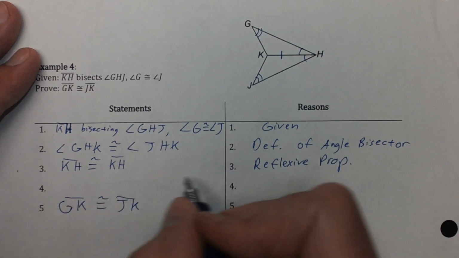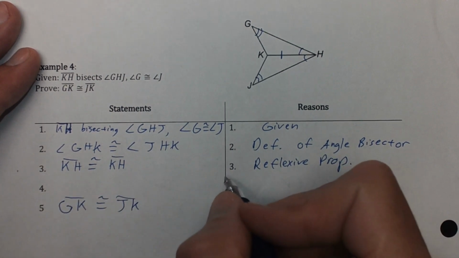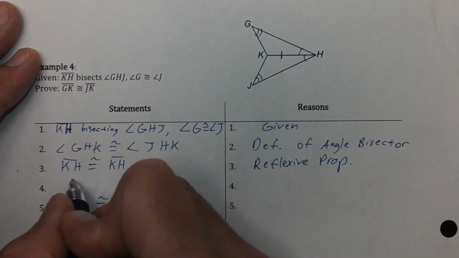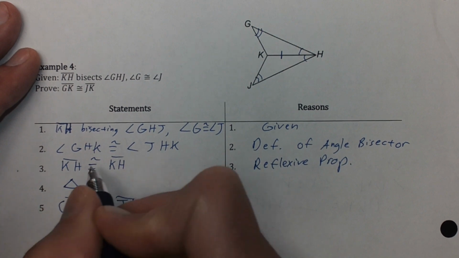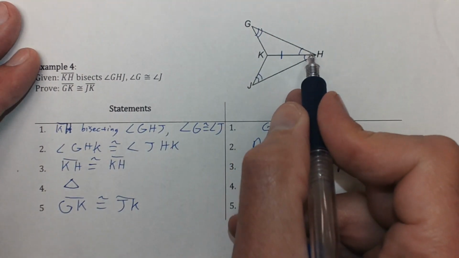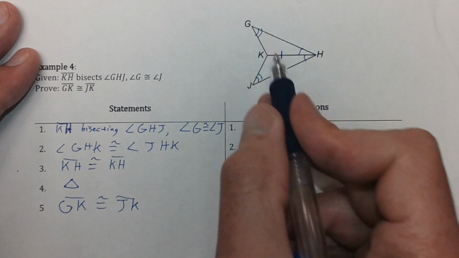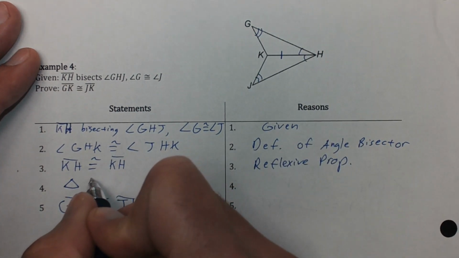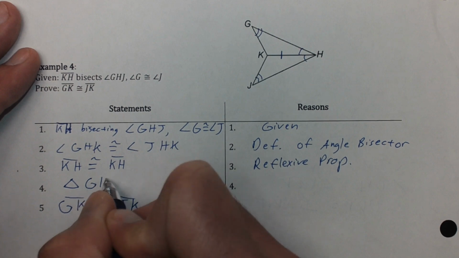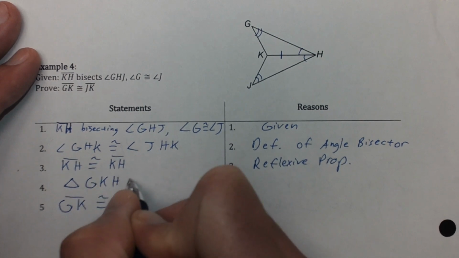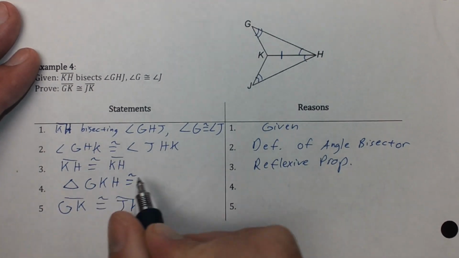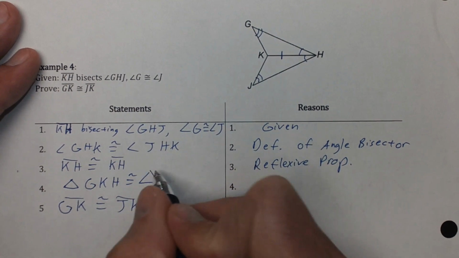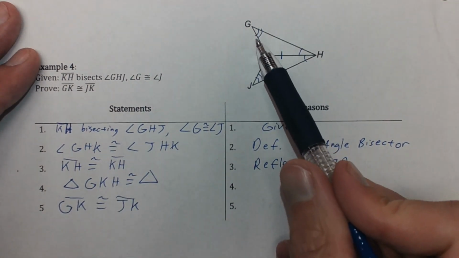So I can go ahead and say, I'm going to use angle, angle, side to say triangle G. It really doesn't matter how you do this, but I'm going to just say angle GKH. And once I write down this side, I need to be consistent on the right side. JKH.